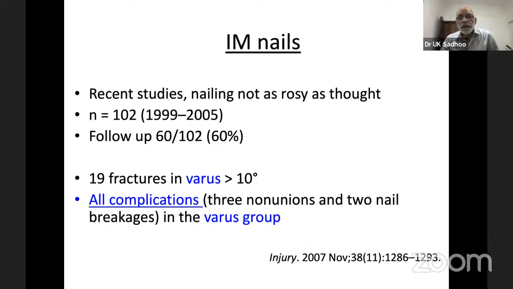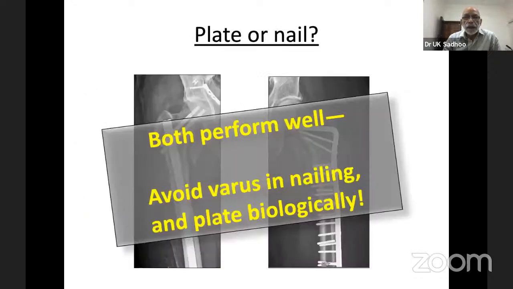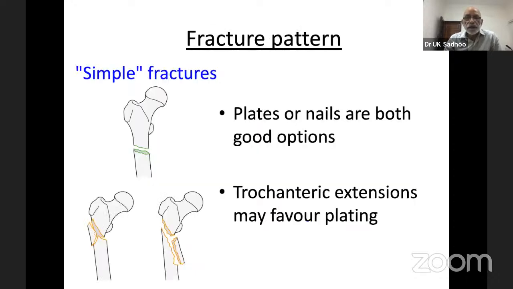You have to guard against varus reduction and fixation, as also take care about the length and the alignment issues. In the choice, both perform well and have their own strengths and weaknesses. If you have to choose, avoid nailing in valgus and use the plate biologically. That really is the crux of this.